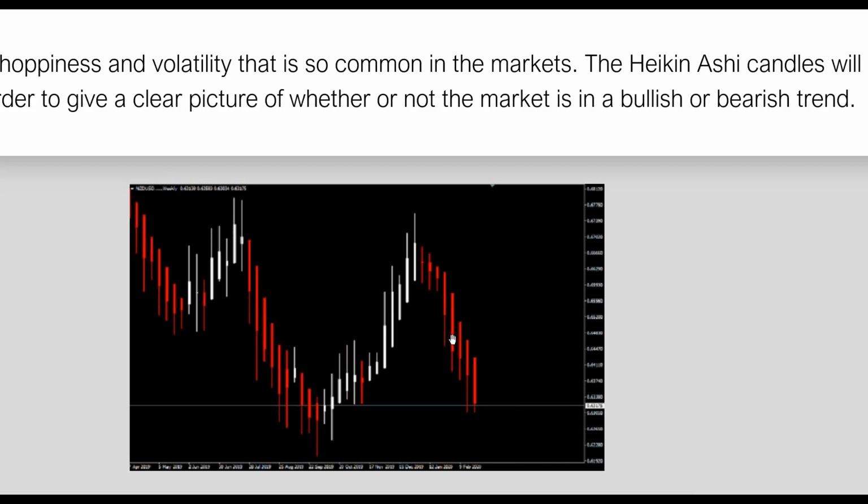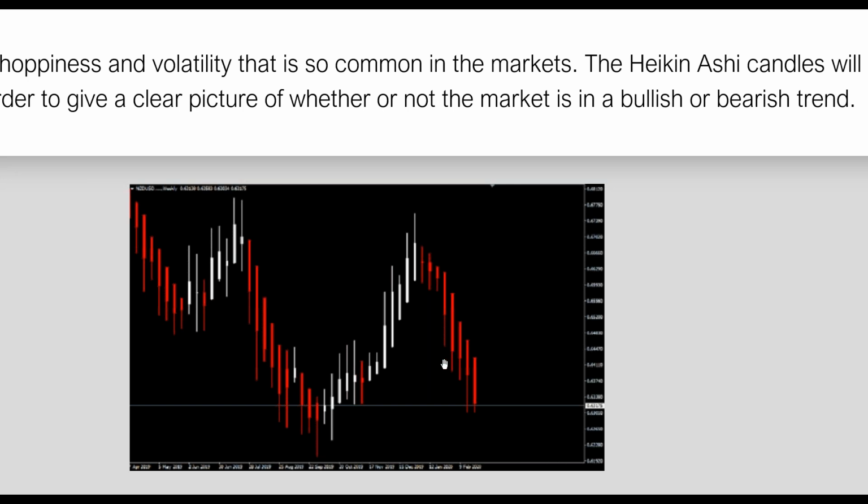With the Heikin Ashi, let's take this one for example, the open price is based on the average of the open and the close from the previous candlestick, while the close is an average of the open, high, low, and close of the current candle.